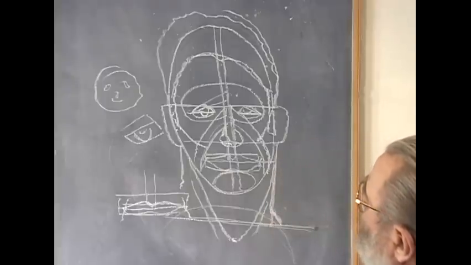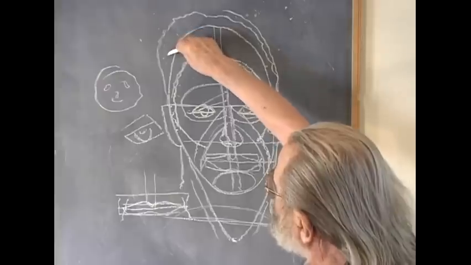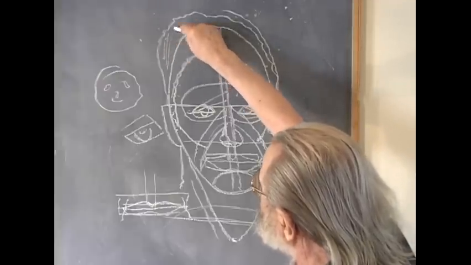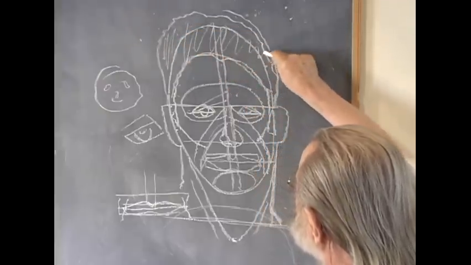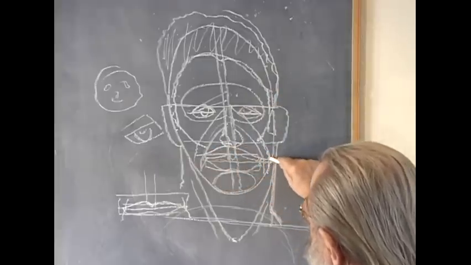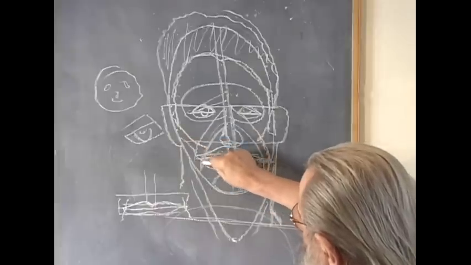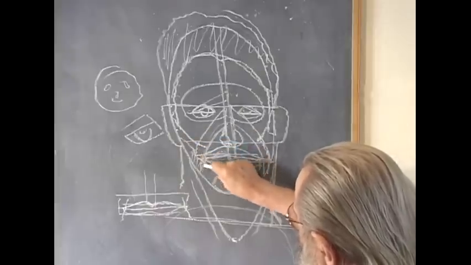Okay, so now you have a general idea of the planes and the areas. This would be the hair, the chuck. Male hair goes down here, here, and the side of the head also.